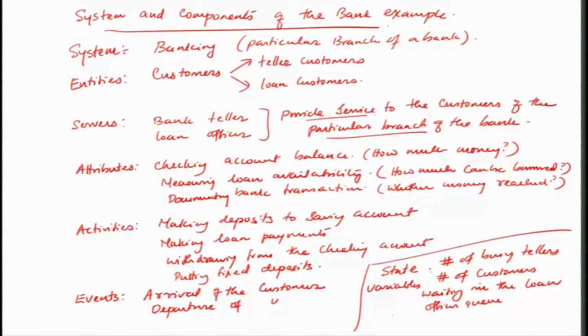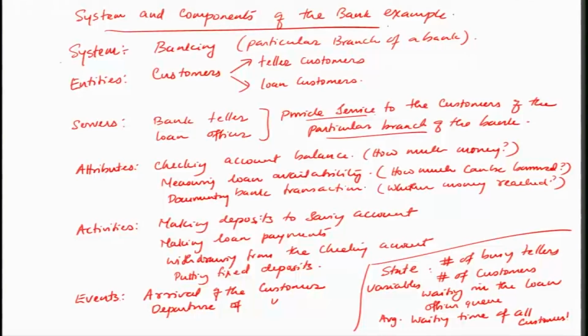Then the average waiting time of all customers, etc. Okay. So, these are the state variables.